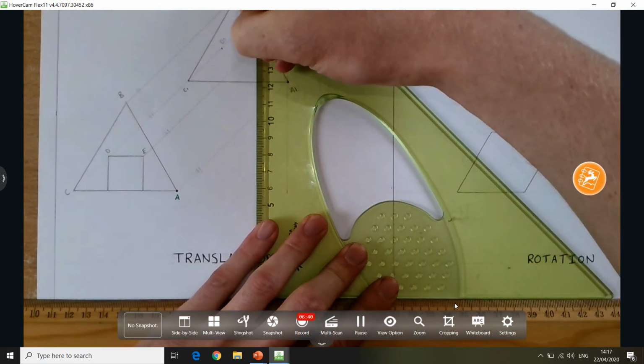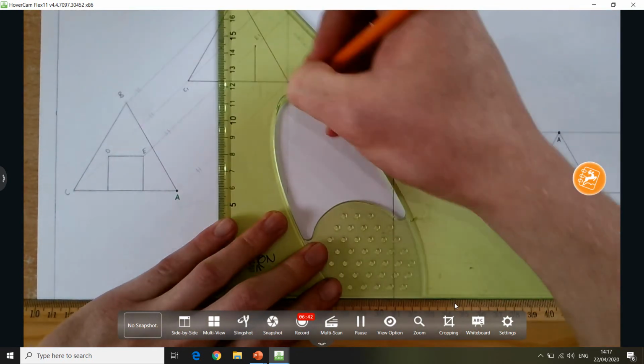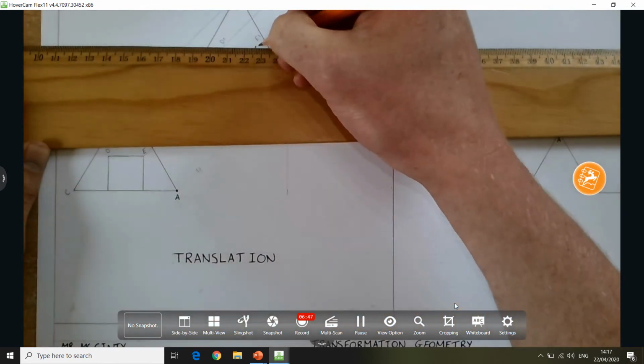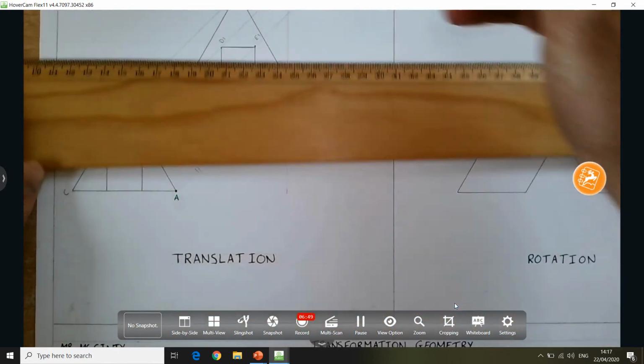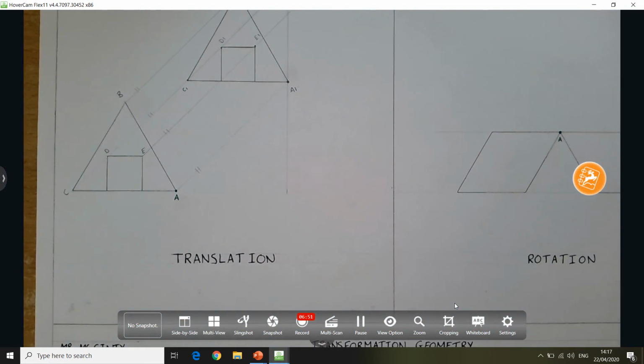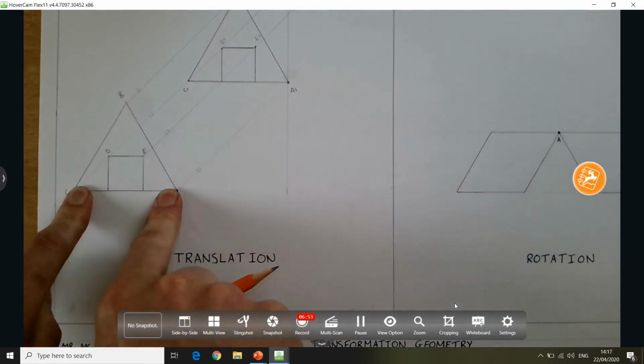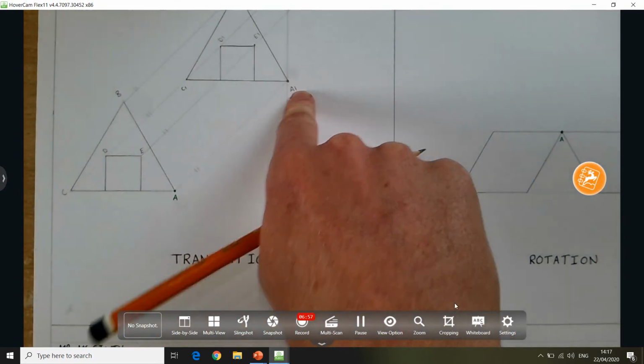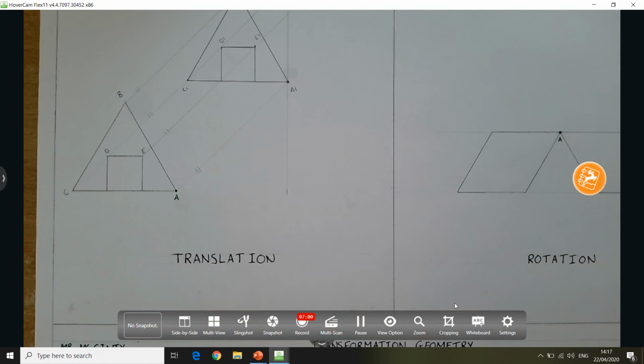And now a straight line down from D1, and then join D1 and E1 together. Okay, and that is a basic translation of this object. So you're moving an object from one point to another. So that is the translation.